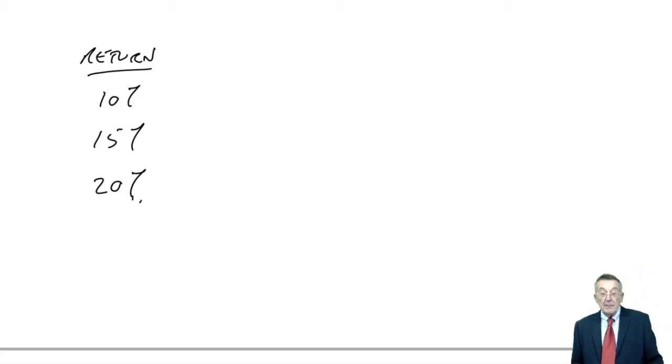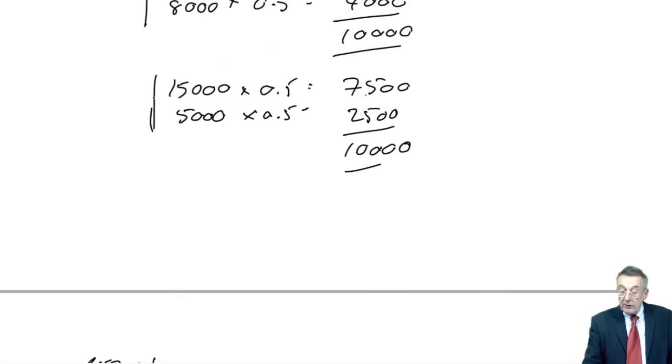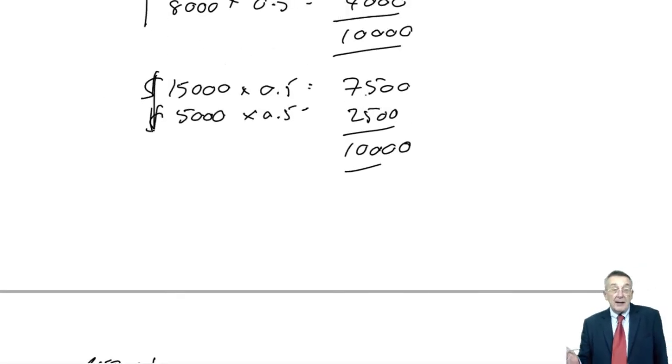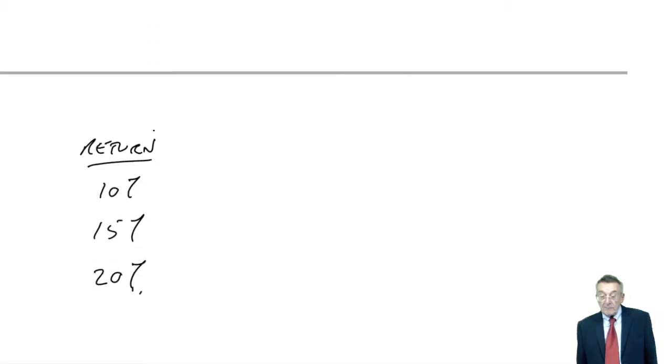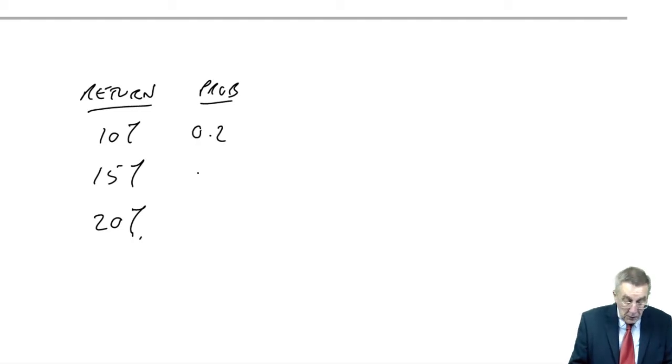These happen to be percentages. It could be dollars, like I had a minute ago, a return of $15,000 above. Doesn't matter. We know the probabilities of each outcome: 0.2, 0.5, 0.3.